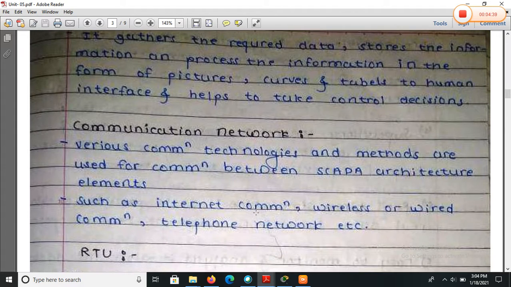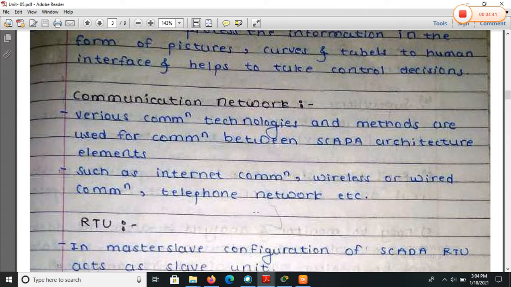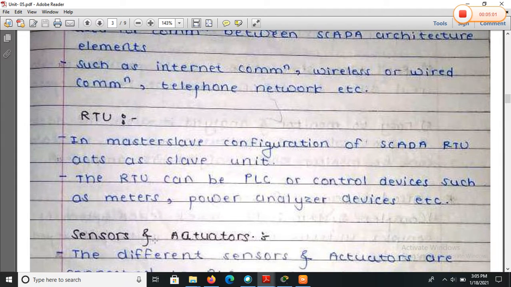Communication network. Various communication technologies and methods are used to communicate between SCADA architecture and elements, such as internet communication, wireless or wired communication, telephone network, etc. Now, RTU.